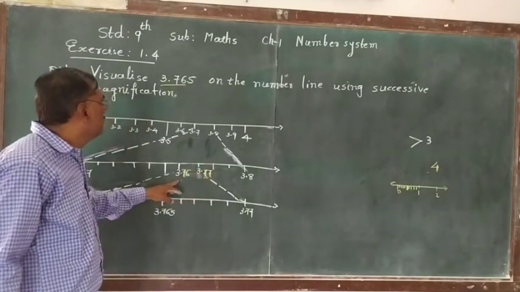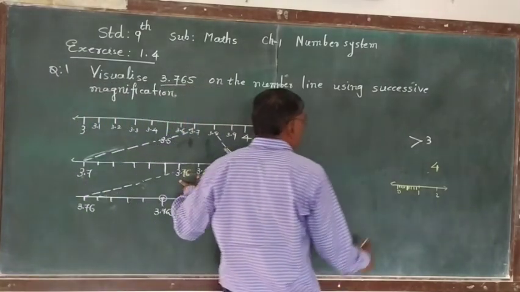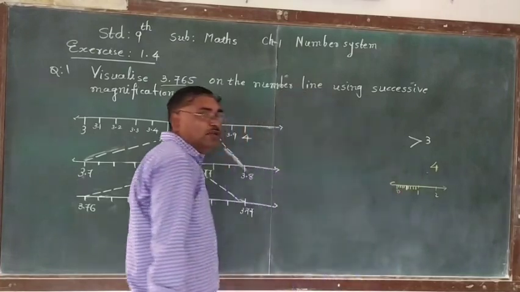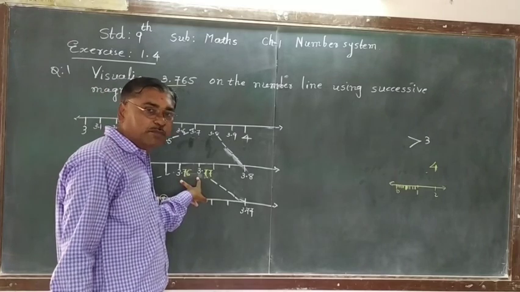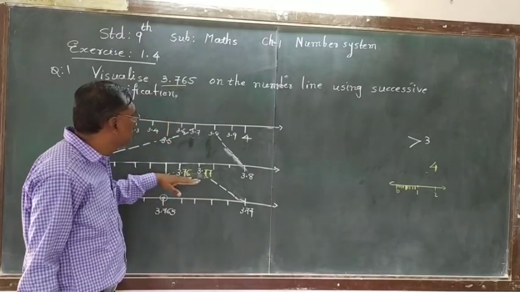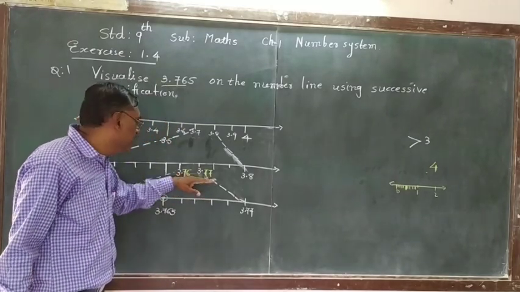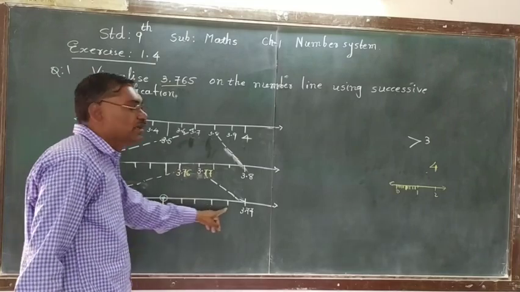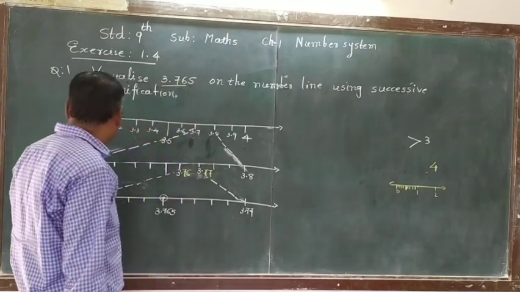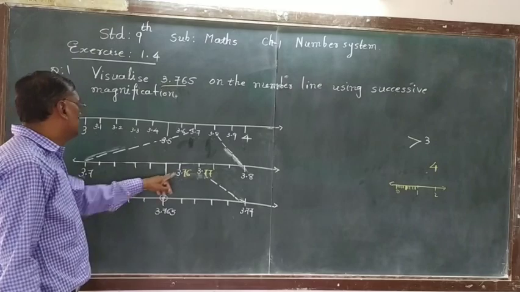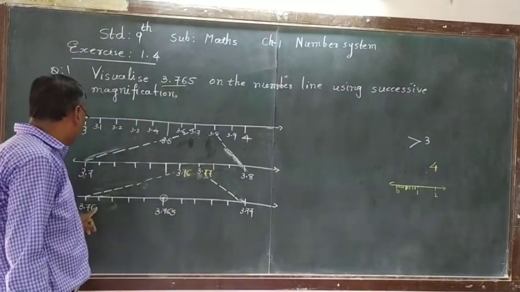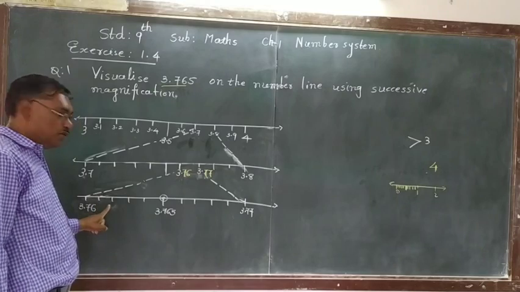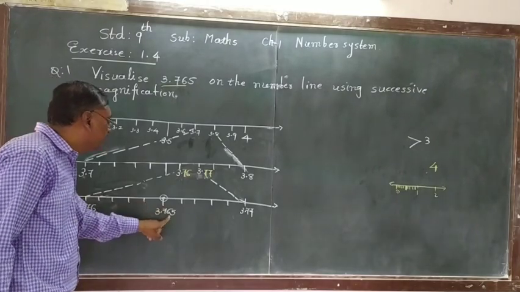Now we know that between another two numbers there are 10 successive decimal points. So between 3.76 and 3.77 there are 10 decimals. It is represented here. This is 3.76, this is 3.77, and now this is 1, 2, 3, 4 and 5.